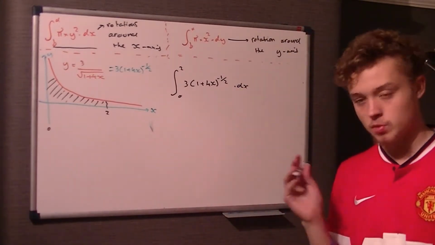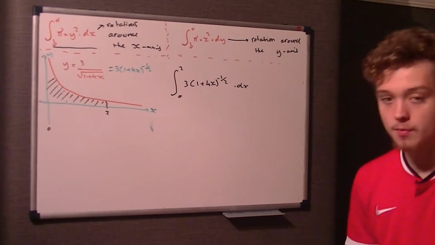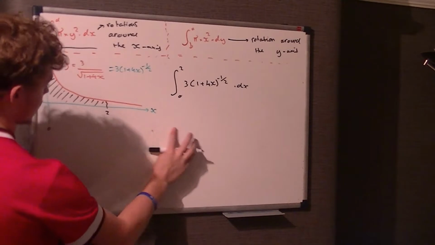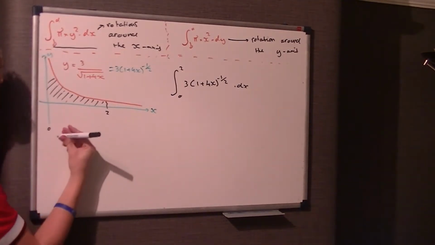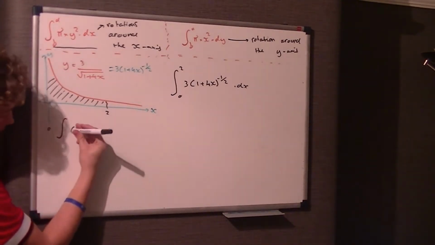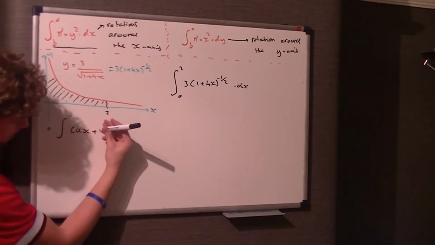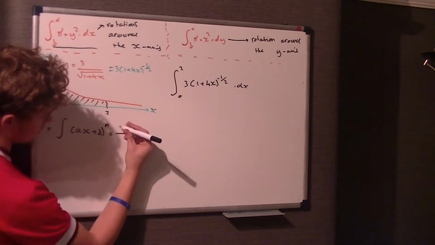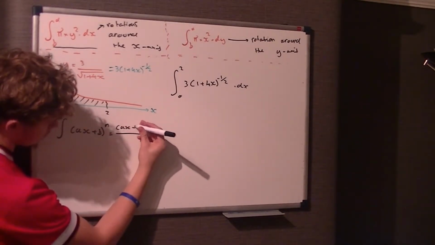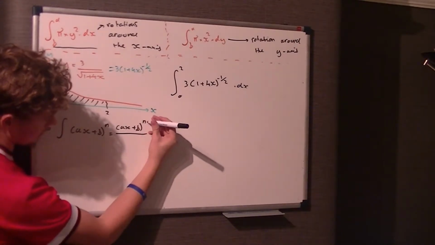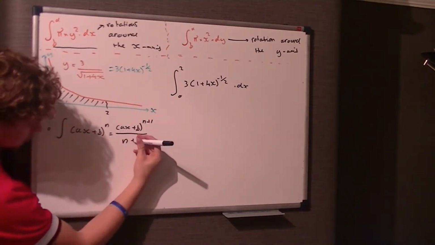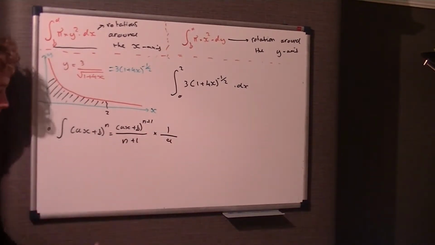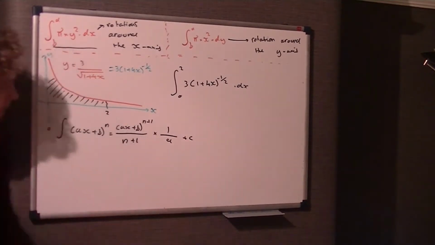Now, it's going to be quite difficult to do that, so we need to cast our minds back to the reverse bracket rule of integration, which stated that to integrate ax plus b to the power n, you raise the power by 1, so ax plus b to the power of n plus 1 over n plus 1, times 1 over a, being the coefficient of x, and then you add c on to the end.